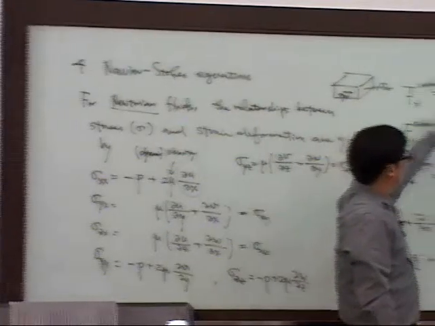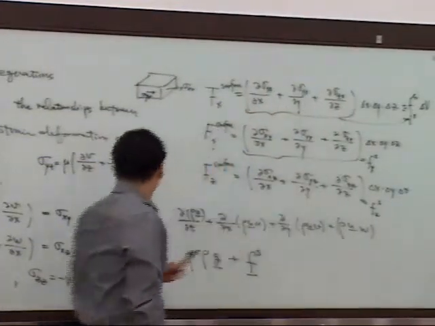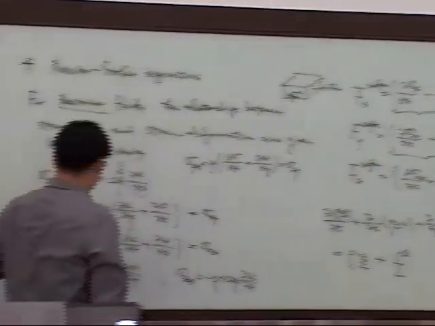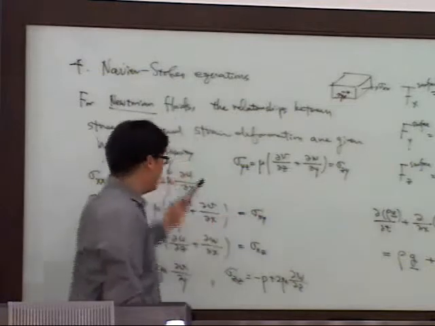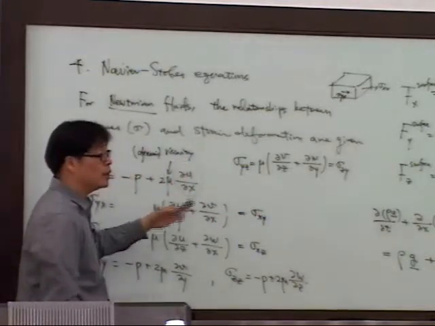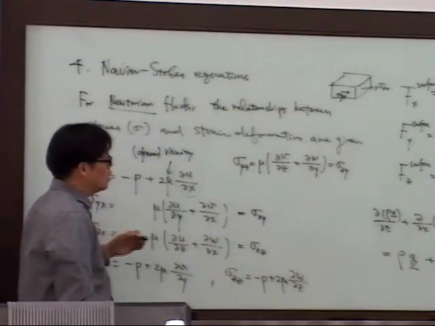So we have 9 components for stress, 1, 2, 3, 4, 5, 6, 7, 8, 9. Everything is written in terms of u, v, w, and p.